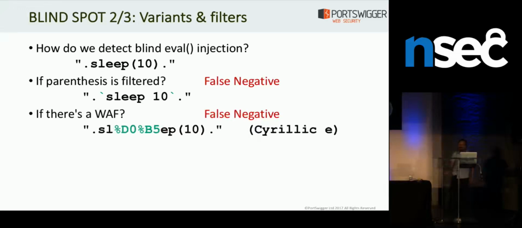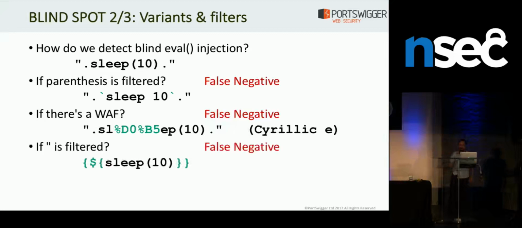And if there's a web application firewall looking for the sleep keyword, once again, that will just stop the scanner from finding it, even though it's probably still exploitable. I'm just using a Cyrillic E there, but that's one example of many potential WAF bypasses. And also, obviously, if double quotes are filtered, this payload won't work, but it's still exploitable. And of those three examples, two of those are from pen tests that I've done personally.